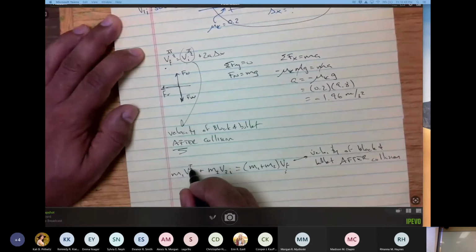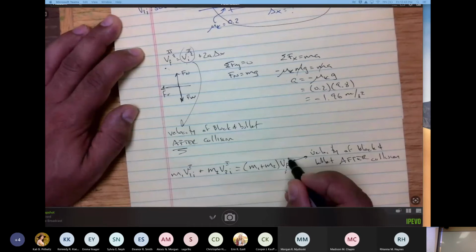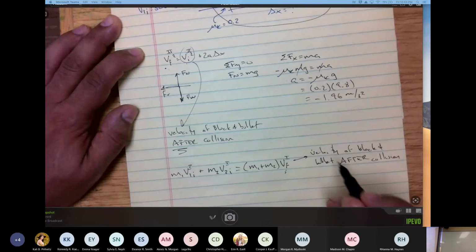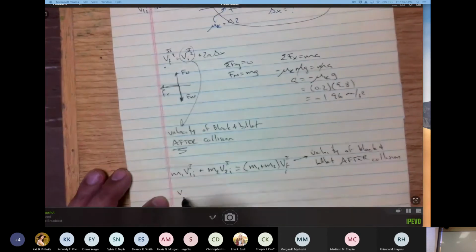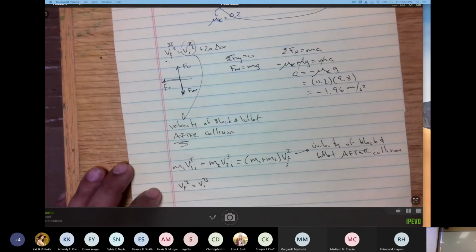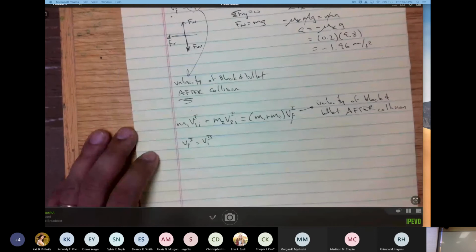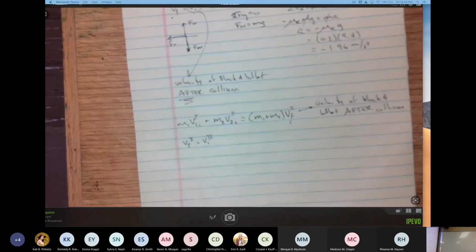I don't know if it really helps. And then you can say that, okay, that velocity is the same as this velocity, if that makes any sense. If it doesn't, just try to understand what each one of these velocities means.